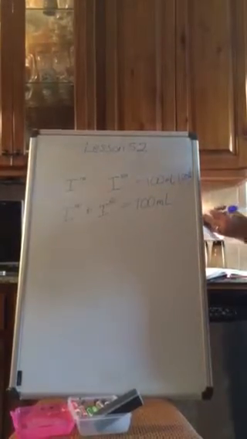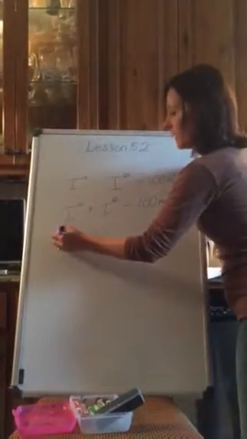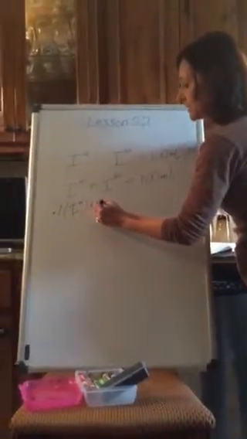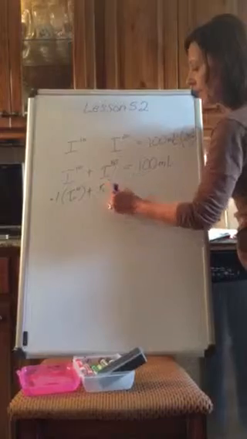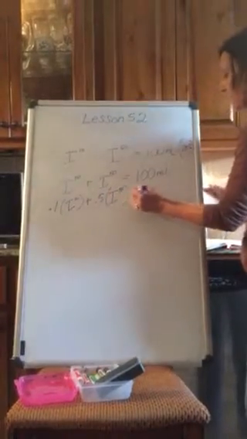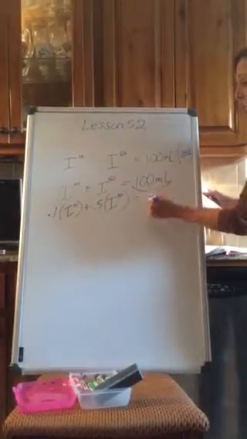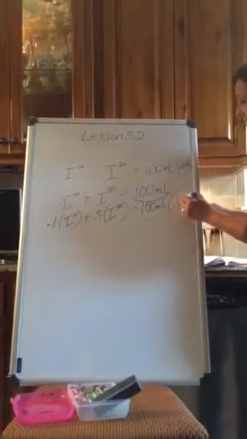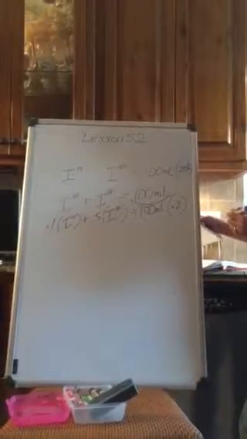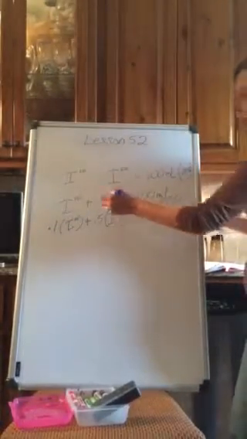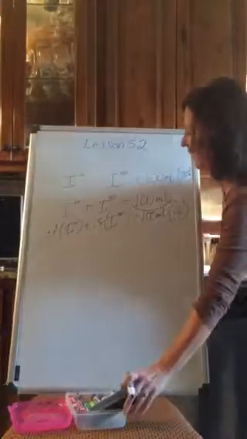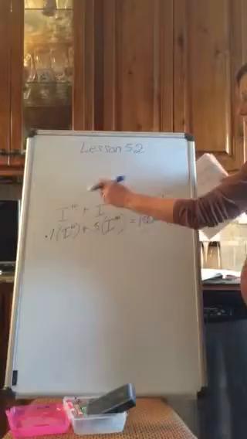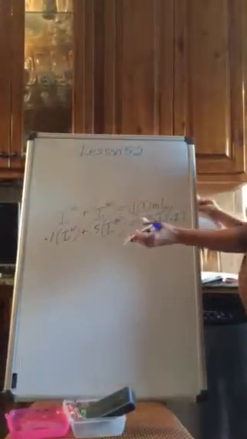We also know that if I take the 0.10, that concentrate times the amount of iodine 10 I have, plus the concentrate times the amount of iodine 50 I have, it will yield the 100 milliliters times the concentrate of 0.2. So I am going to solve for either iodine 10 or iodine 50, and I can substitute it in this equation and solve for the other.